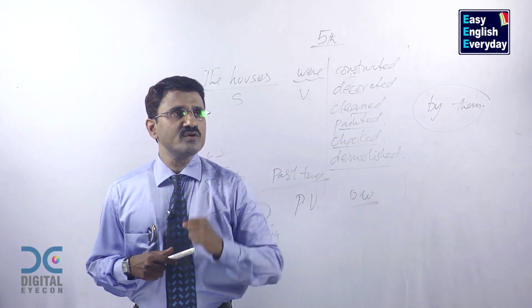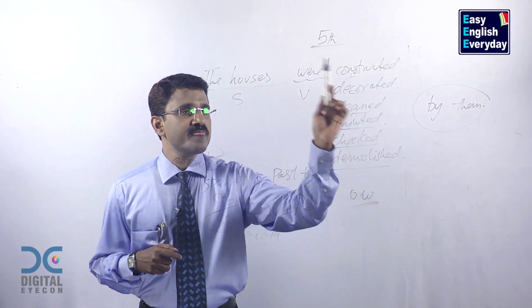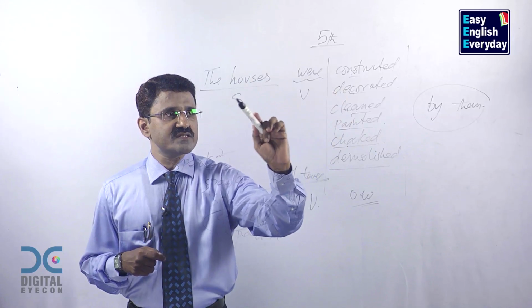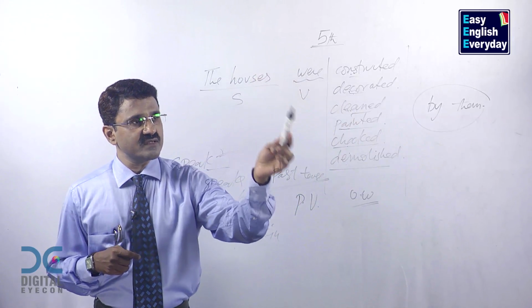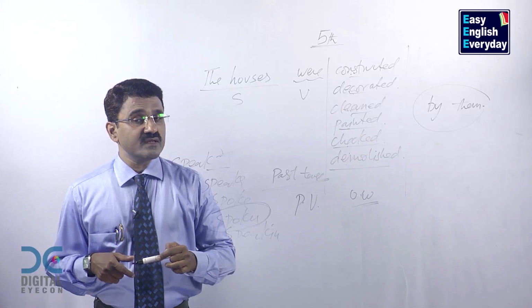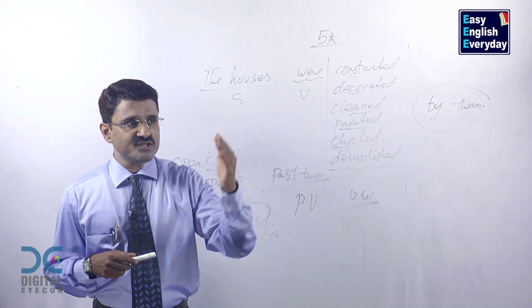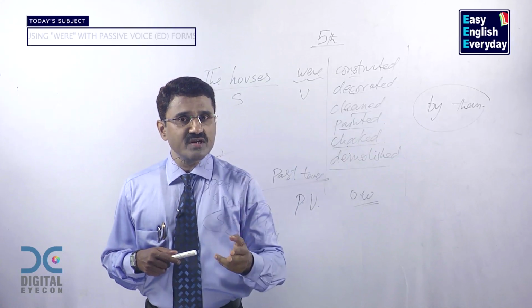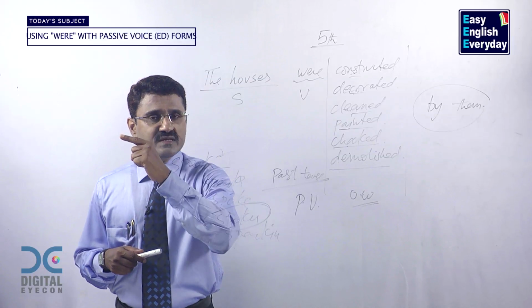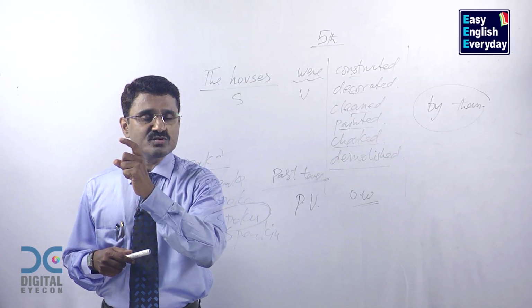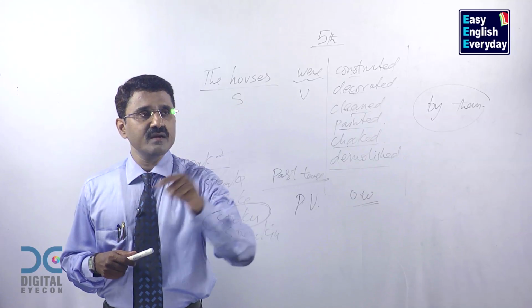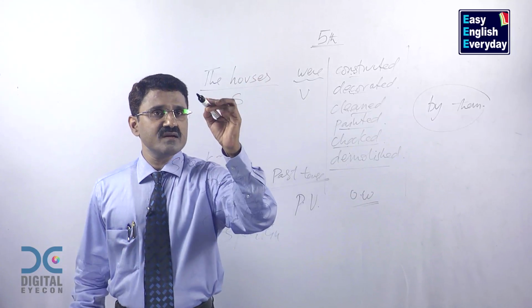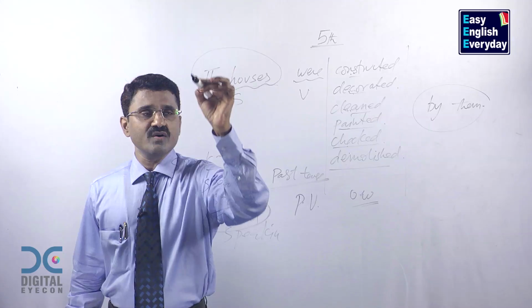For example, if you go to the background of this sentence, they constructed the houses, they decorated the houses, they cleaned the houses, they painted the houses, they checked the houses, they demolished the houses. In those sentences, we are giving importance to the doer, that is they. But in these sentences, I am giving importance to houses.